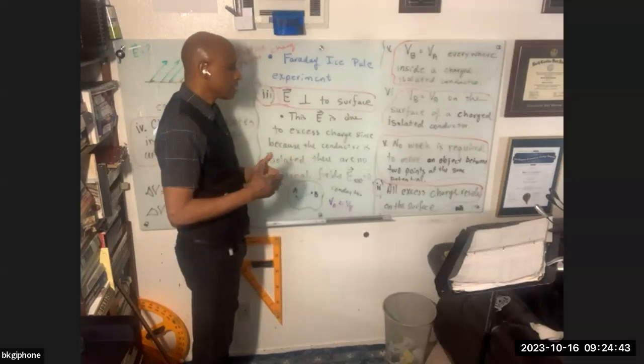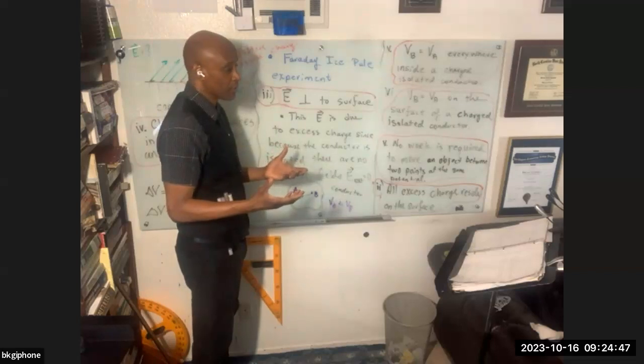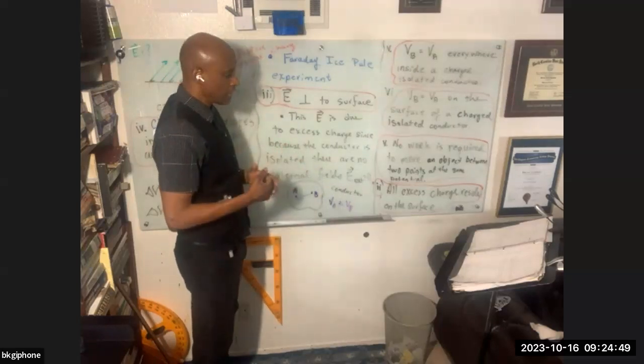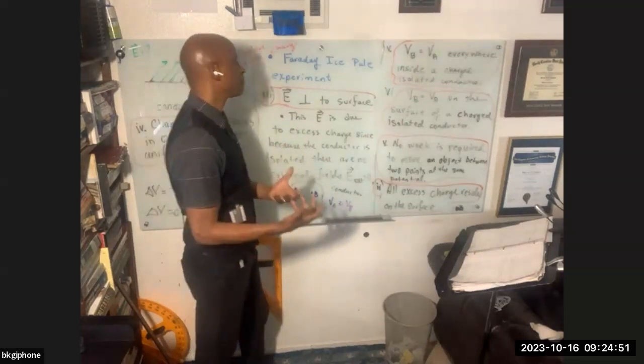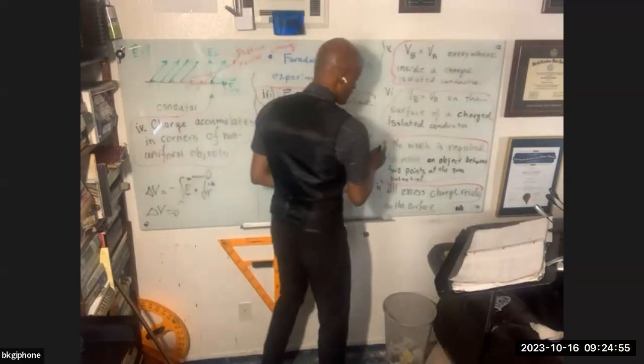So how does the charge then redistribute itself? The only kind of visual that I can come up with is the one that I've told you, where it doesn't actually translate.